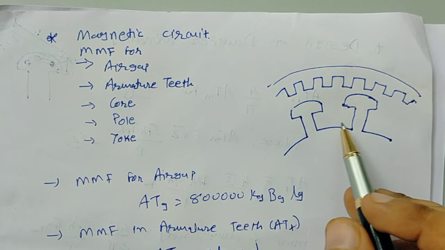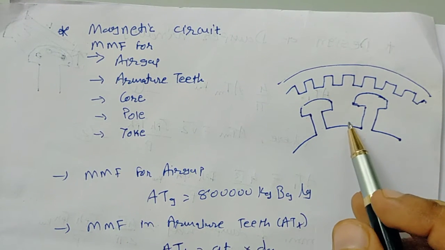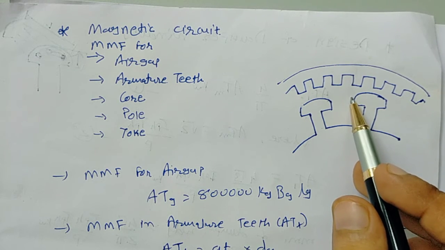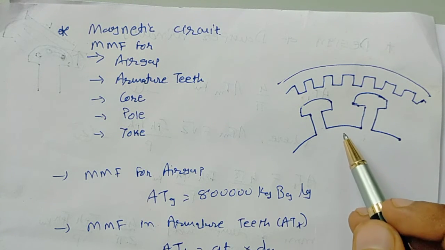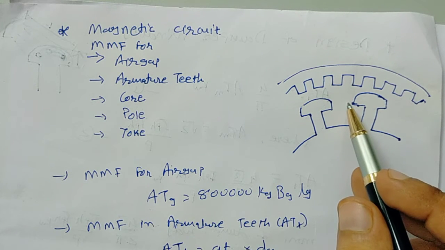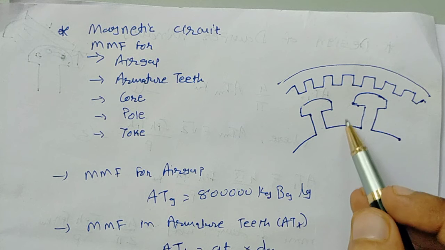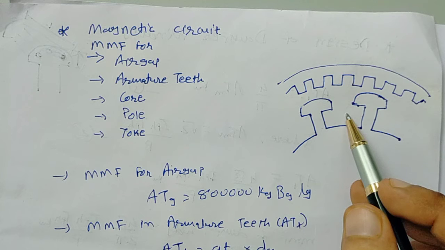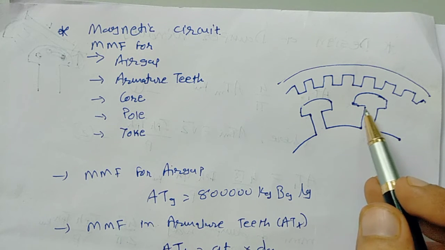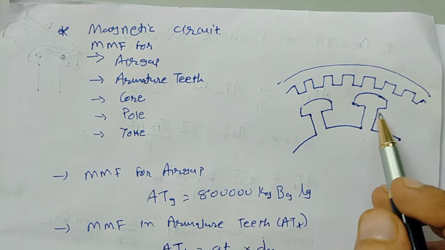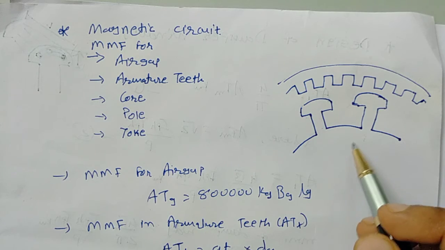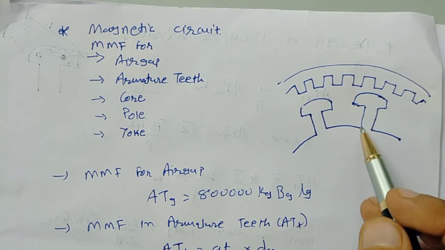So it is assumed in the calculation that the top 2/3 length of the pole carries the useful flux plus the leakage flux between the pole shoes, and the bottom 1/3 carries only the useful flux. So we simply divide it into two parts, the first 1/3 part and the second 2/3 part. Combined, it will be the total 100 percent of the pole body, including the pole shoe.